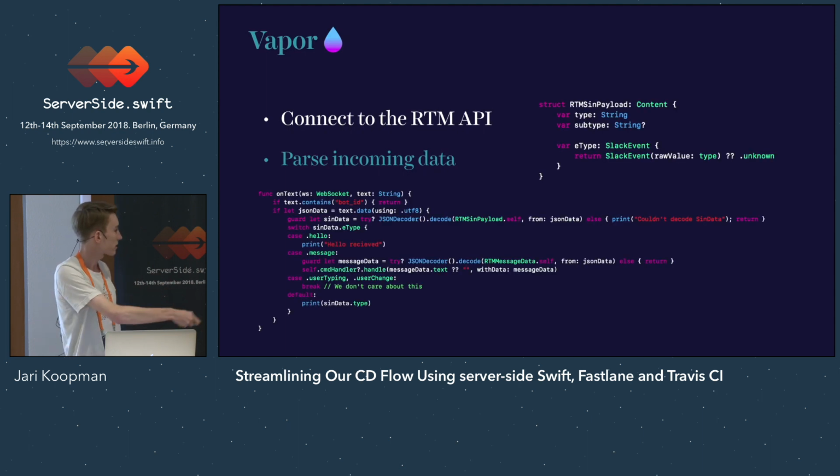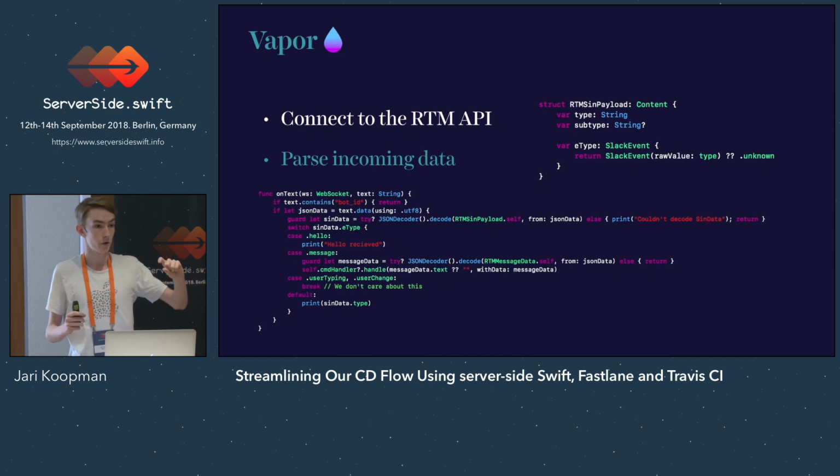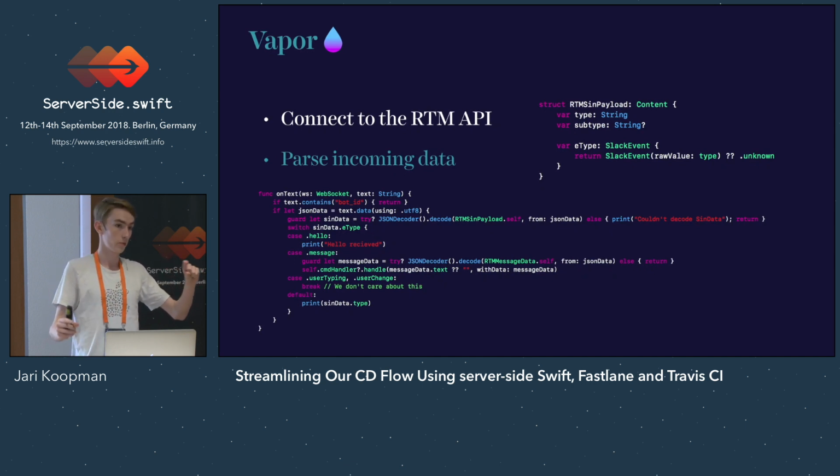So this is our onText handler. First off, we check if the text contains the bot ID. This might be a weird check because if someone sends a message with the bot ID, it will also just stop its execution. But this is to avoid the so-called bot hell, where one bot replies to another bot with a keyword, and then that bot replies to that same bot with the same keyword.